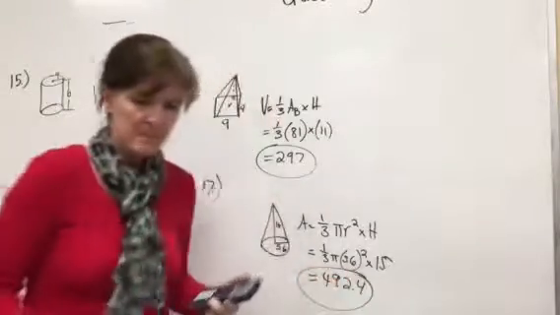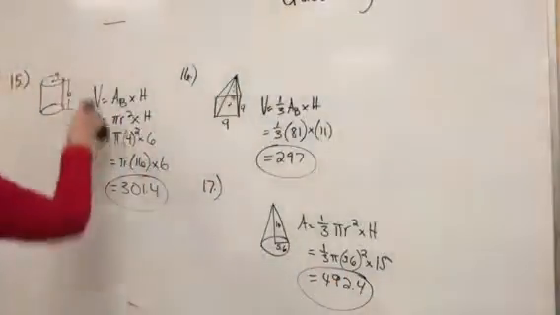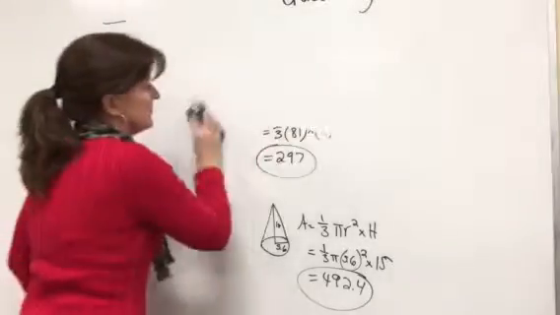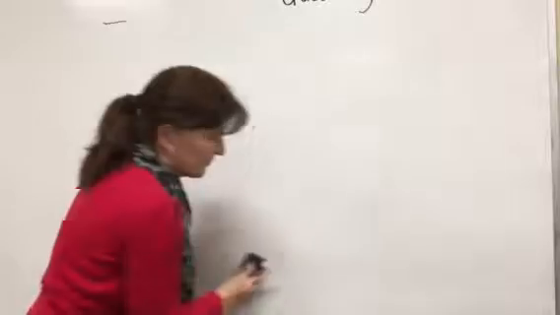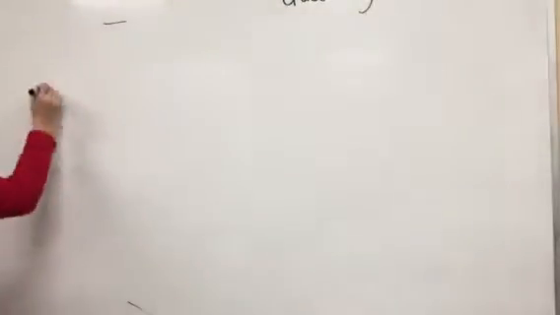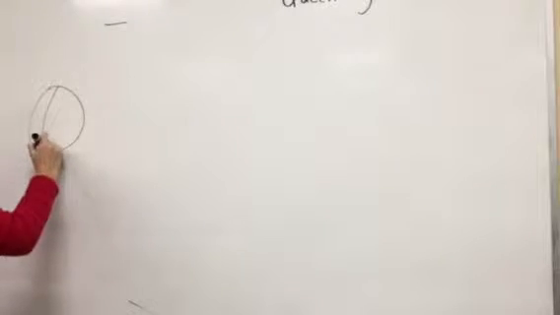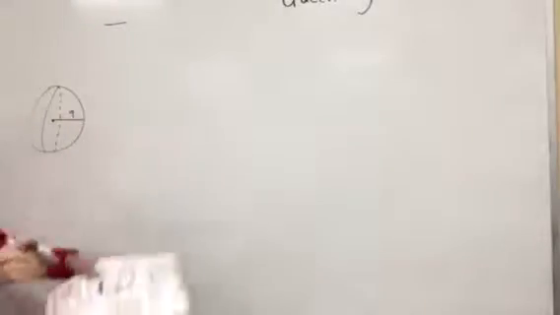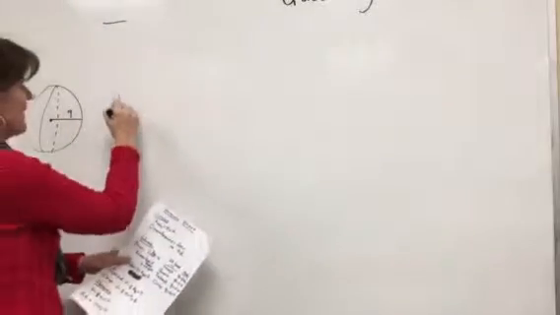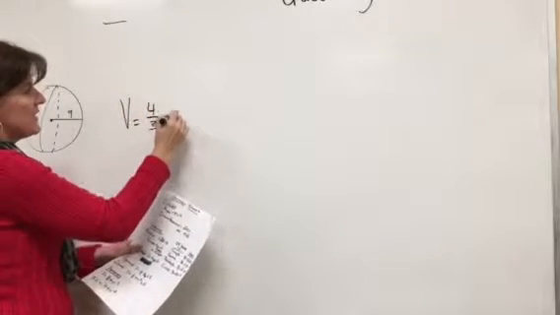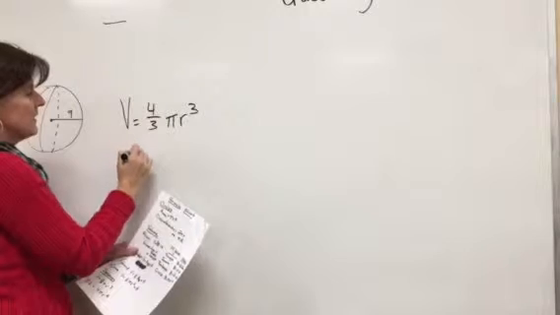And we have one more, and it's a sphere. If we have a sphere with radius 9, from the middle of the sphere to the outside is 9. My formula sheet says volume equals 4/3 pi r cubed.